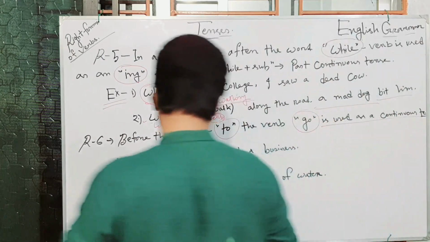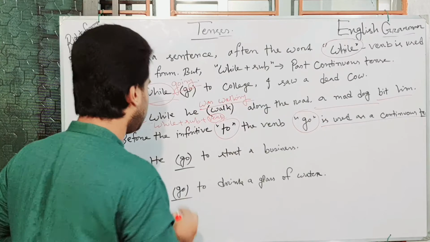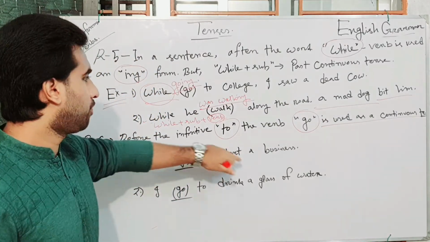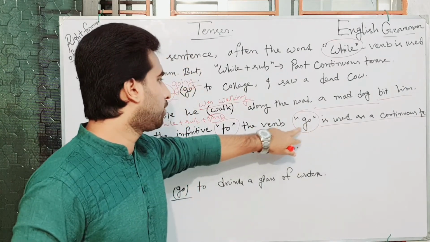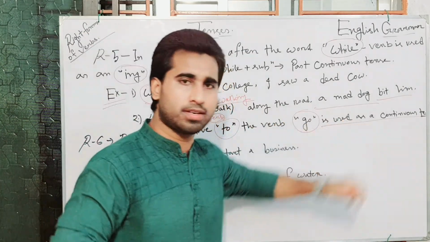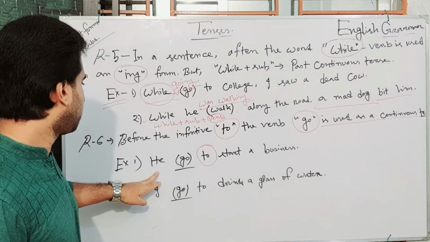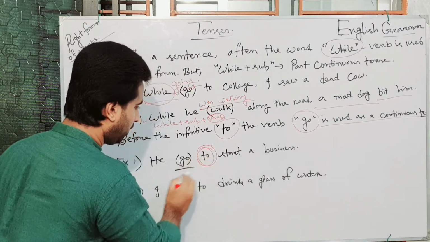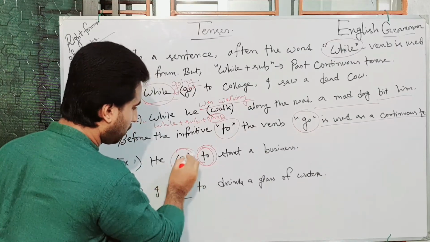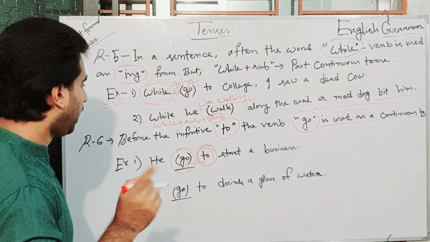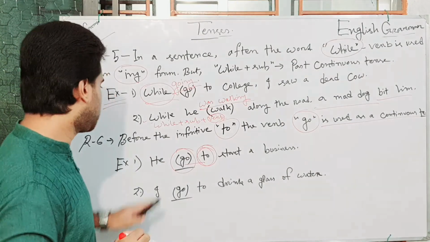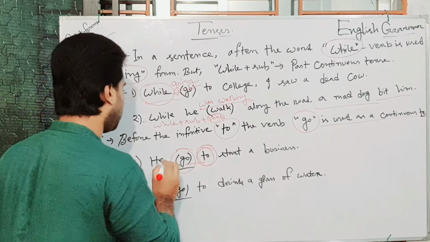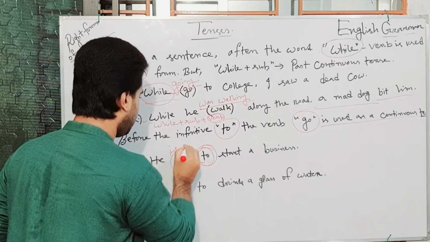As "to" is recognized as an infinitive, it refers to the verb go being used in the continuous tense. So "he go," look at this, "to." Before this, the verb go must be used in the continuous form. So "he is going to start a business" is logical here.